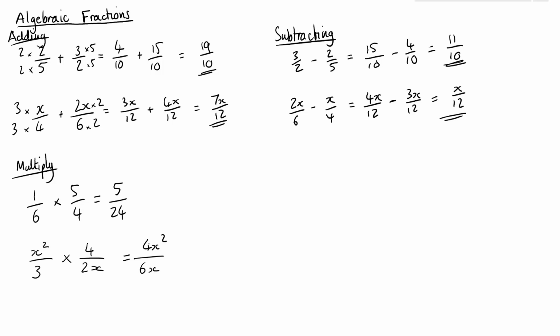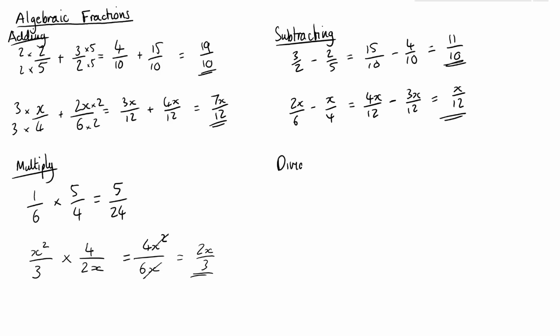So we can simplify by dividing the numbers by 2, but also x squared divided by x is just going to give us x. So one of these x's cancels with this 2, and this becomes 2 out of 3. So this is the same as 2x over 3. But again, the multiplication part is no different.